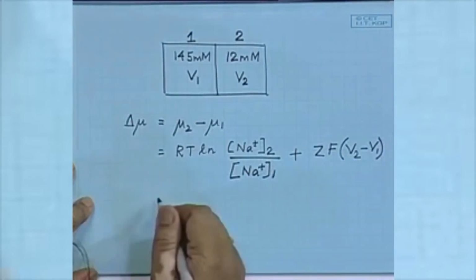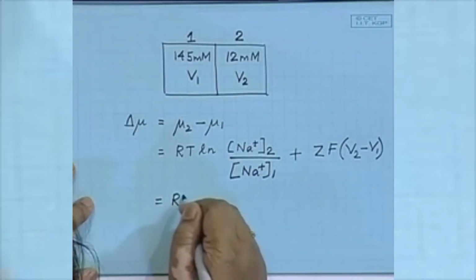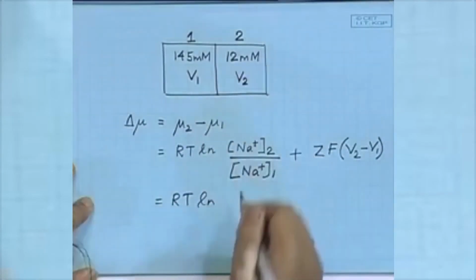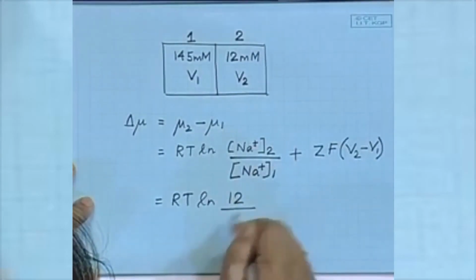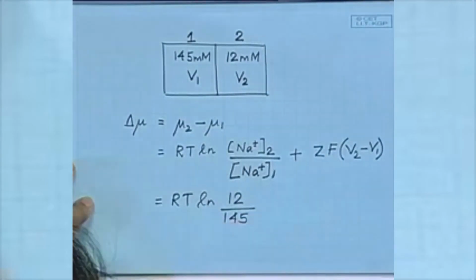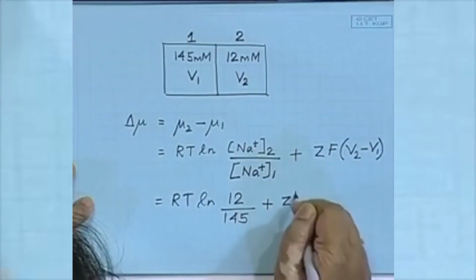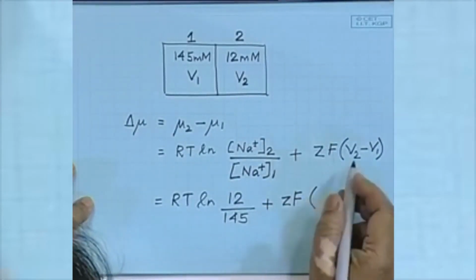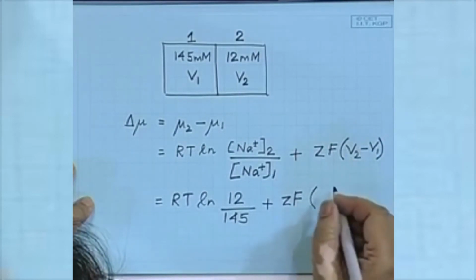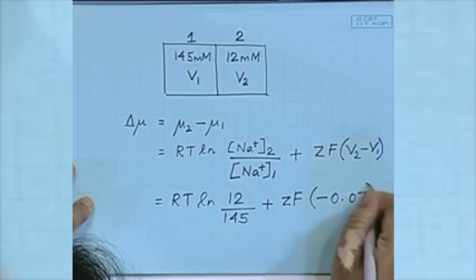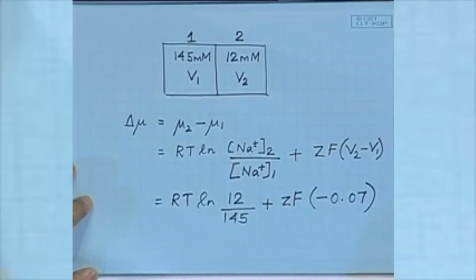So, if I calculate this actually, what is this? It is 12 over 145, both in millimolar, and I have a Z and an F, and this V2 minus V1 is actually minus 70 millivolts. So, we have this. Okay.